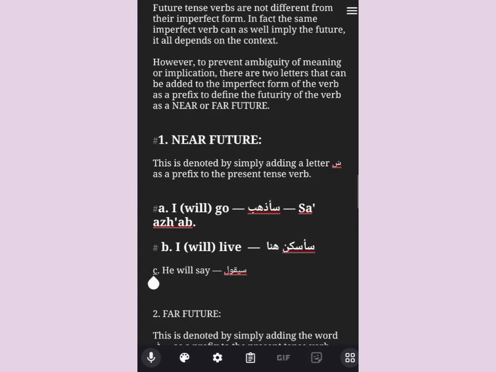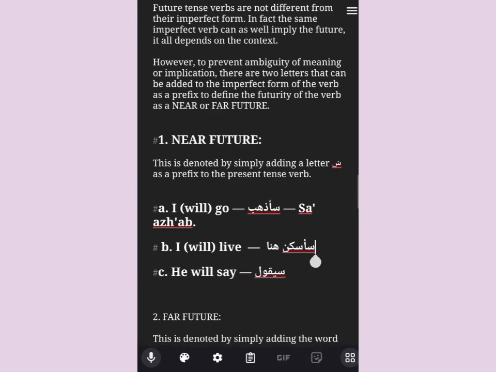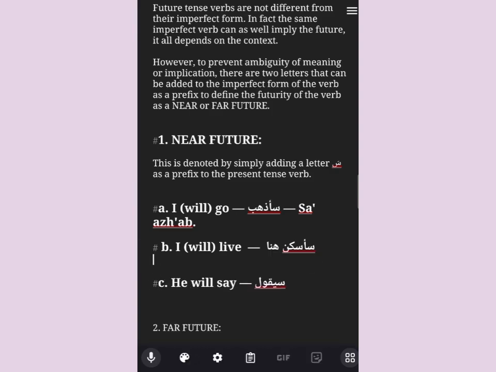Now we can also say سيقول, he'll say. So in this case, this is a creation of a near future verb.